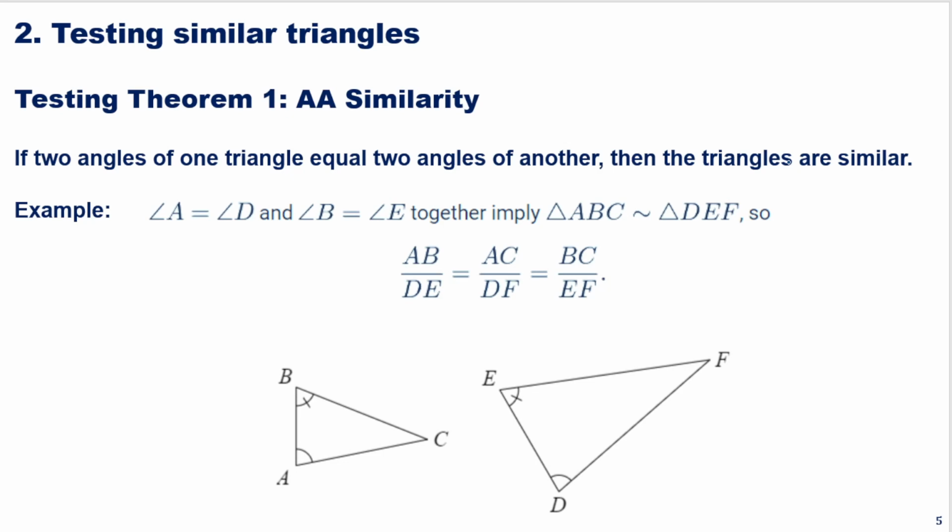For example, in this diagram below, if you know angle A equals angle D and angle B equals angle E, then that implies triangle ABC is similar to triangle DEF. Therefore, the corresponding sides are proportional. This is the first theorem we can use to determine whether two triangles are similar.